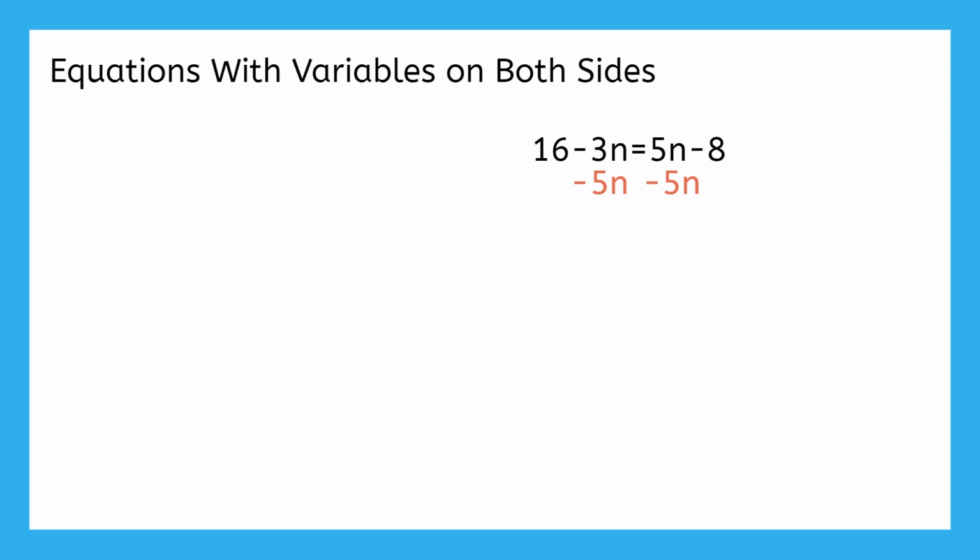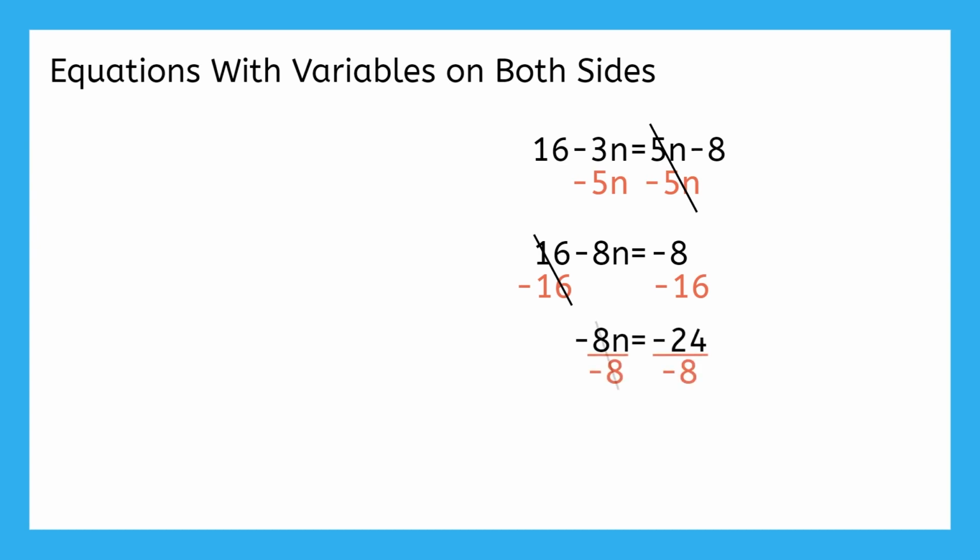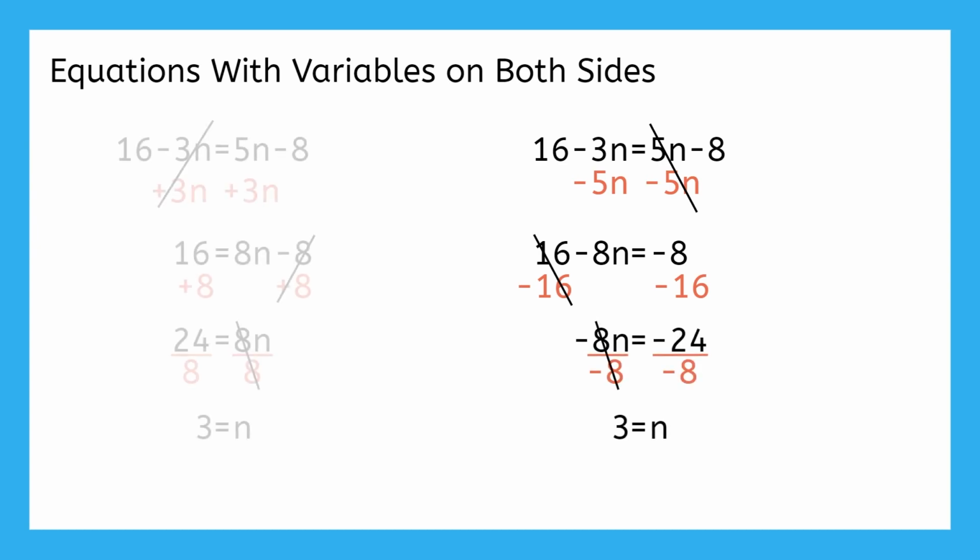Now 5n minus 5n cancels to make 0, leaving the minus 8 to come along as negative 8. And on the left, negative 3n, thinking about the sign from the subtraction, minus another 5n makes a total of minus 8n. And the 16 will come down unchanged. You could now solve from here again and get the same answer as we did before of 3 for n.